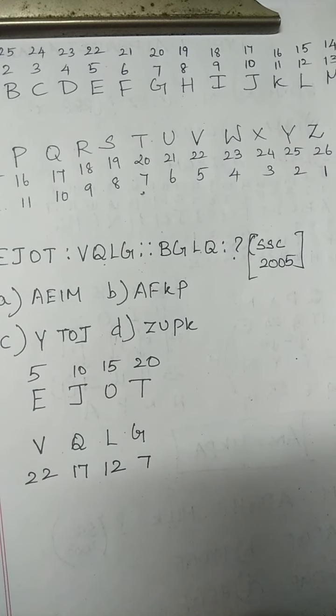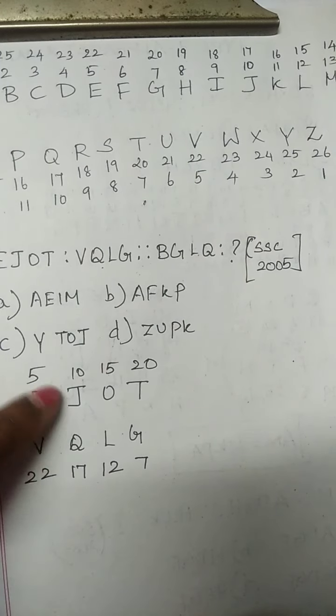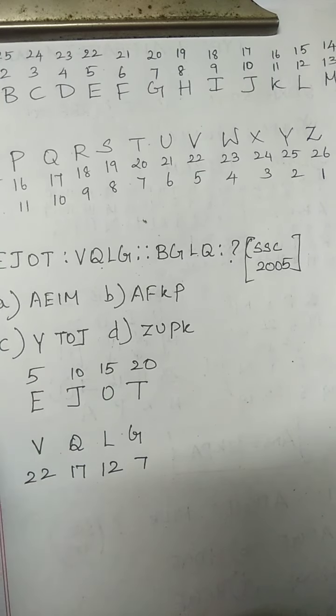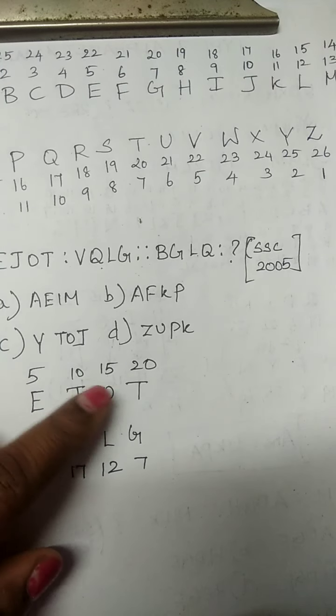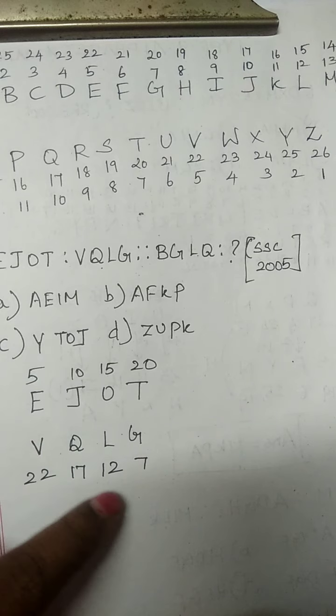So what's the relationship between these two alphabet sets? 5, 10, 15, 20, 22, 17, 12, 7.